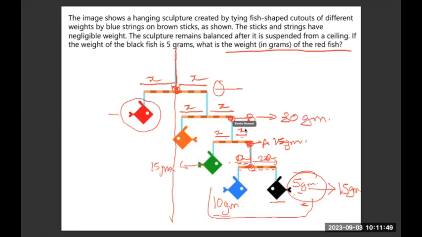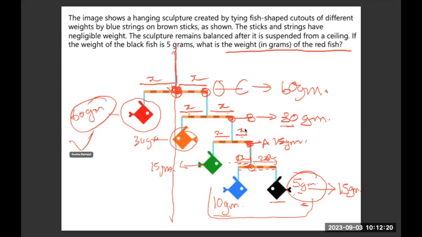Now, if B is weighing 30 grams, the orange fish will also have to weigh 30 grams because X and X are both equal and it is balanced. So these two will weigh 60 grams in total at this point. At junction C, the weight will be 60 grams. Hence, since it is a balanced composition along this point, in order to counter it, the red fish also will have to weigh 60 grams, which is the answer.